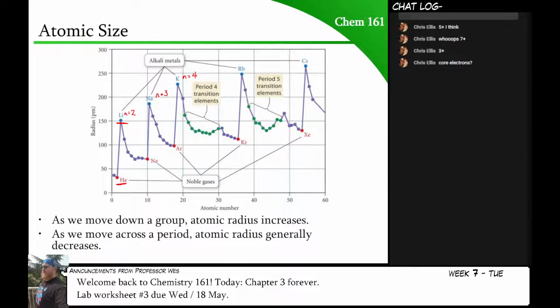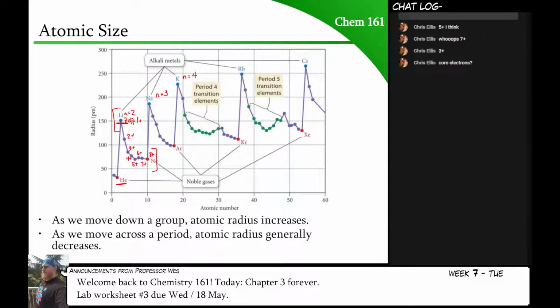Now, if we're looking within an n, so within n equals 2 here, so that would be this set right here, we have Z effective of 1, 2, 3, 4, 5. And you can see that, generally speaking, as we increase Z effective, the atoms get smaller and smaller and smaller.